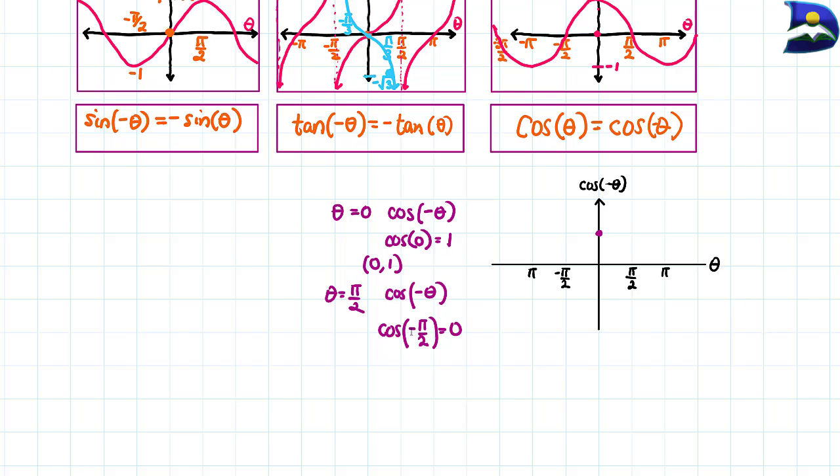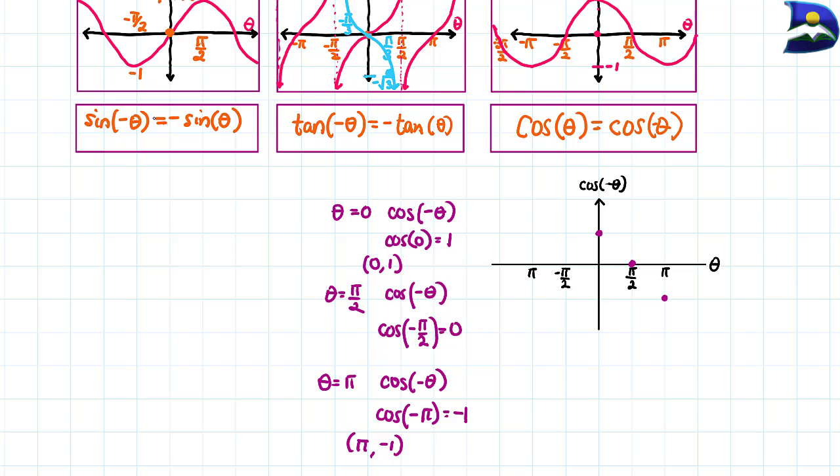If you perform the negative pi over 2, we still get our 0, so it is placed right over there. Next is theta equals pi. When you apply cos negative theta, our cos is applied to negative pi, and this gives us negative 1, placed right here for our pi and negative 1 point.